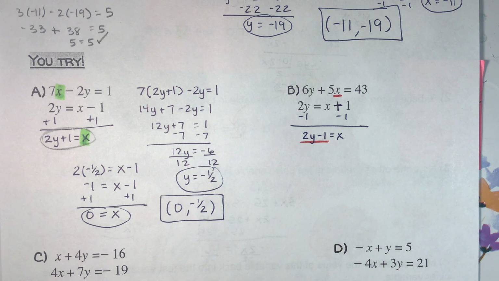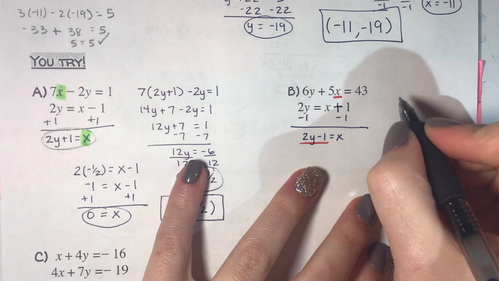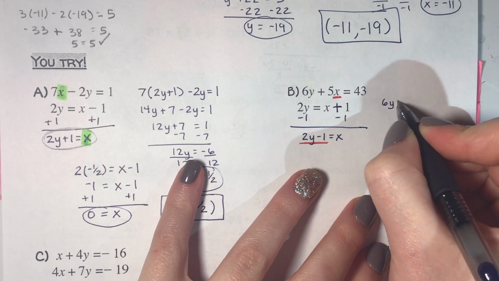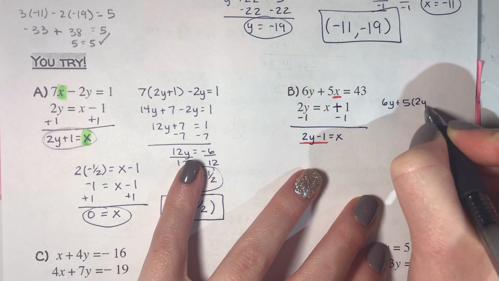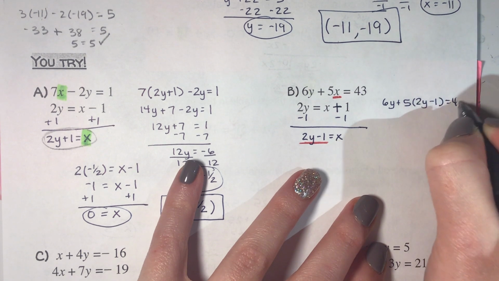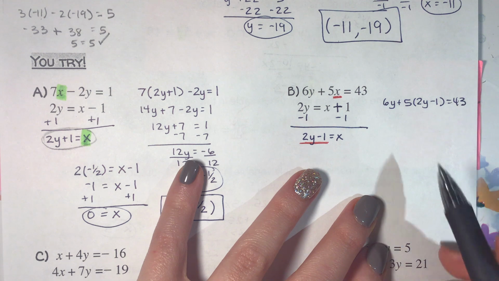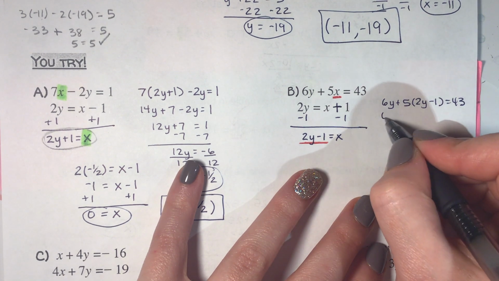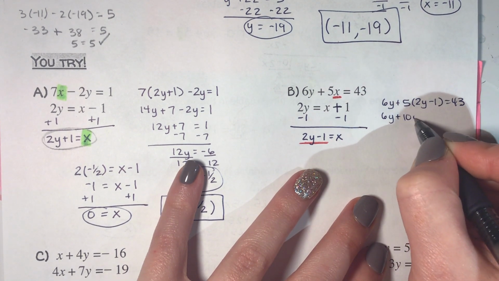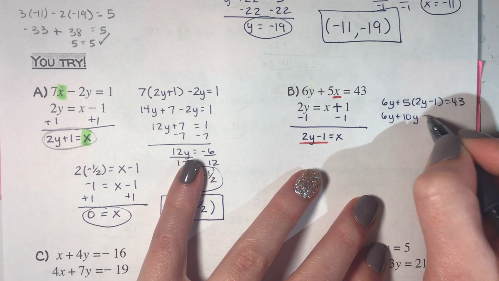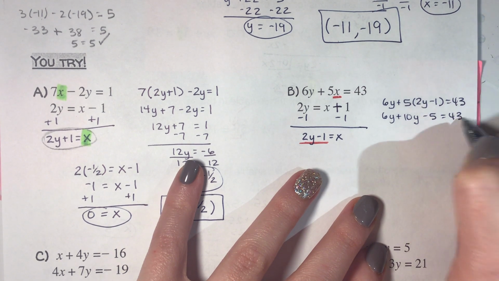When two things are the same, they are interchangeable. So my new equation is going to be 6y plus 5 times 2y minus 1 is equal to 43. Let's start solving for y. I want to distribute the 5. So 6y plus 10y minus 5 is equal to 43.